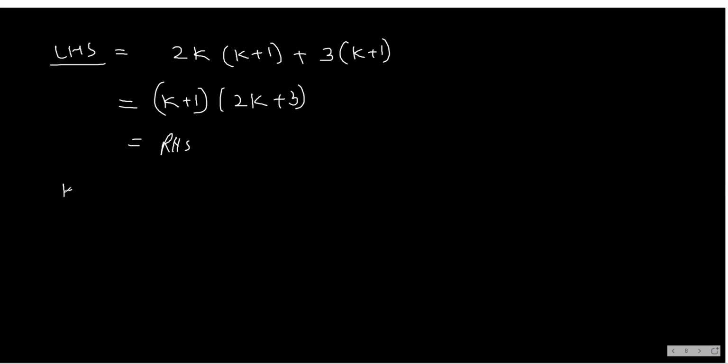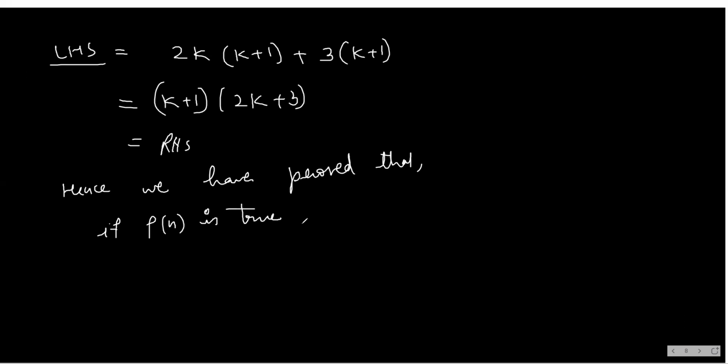Okay. Hence we have proved that if P of n is true for n equals to k, then P of n is true for n equals to k plus 1. Okay.